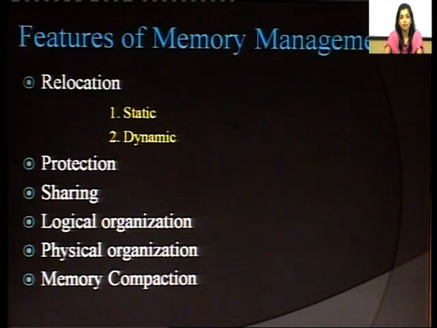Third is sharing: how many processes are going to be shared and where we share them. Logical organization: how we organize memory logically. Physical organization: how processes are organized in main memory. Last is memory compaction.